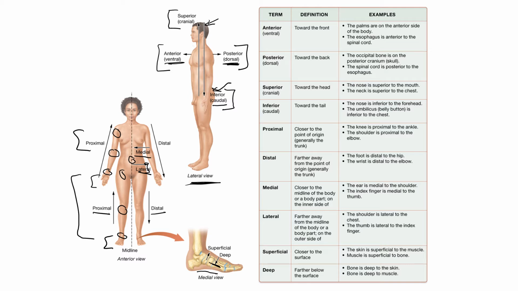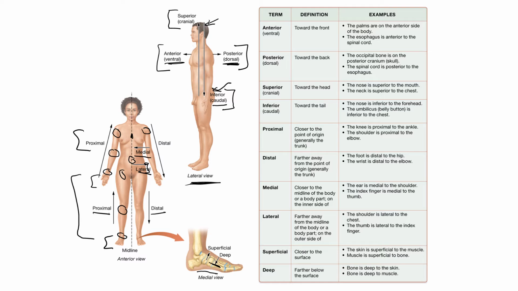The hip would be more lateral to the belly button, to your umbilicus. The sternum, your breastbone right there in the middle of the chest, would be medial to, say, the shoulder. And the shoulder is lateral to the breastbone, to the sternum.